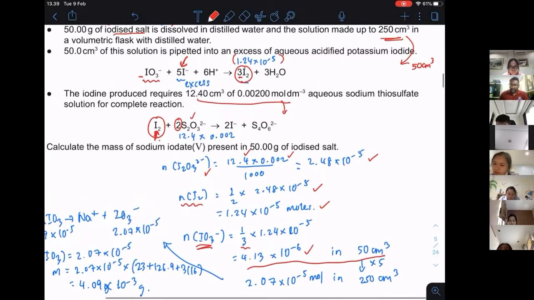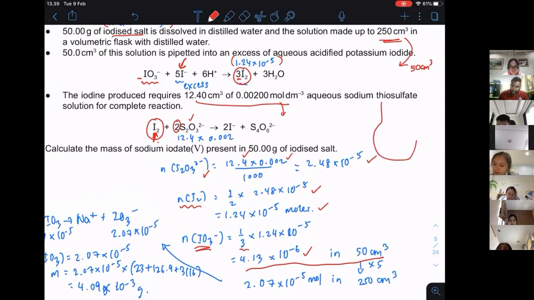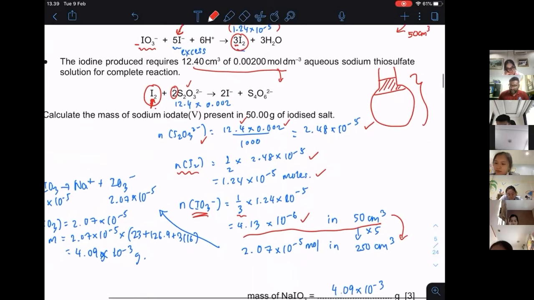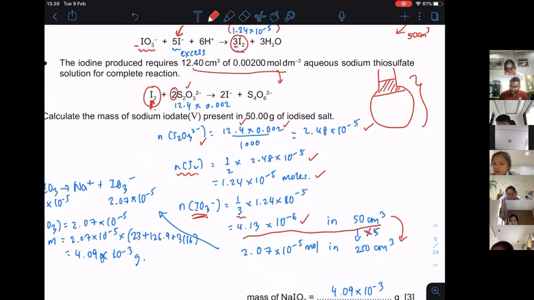If you prepare this much and you only took 50 cm cube, you still need to consider the entire amount of moles. So you need to convert it to 250, which means you times by 5. Here you times everything by 5, and I get this number of moles.